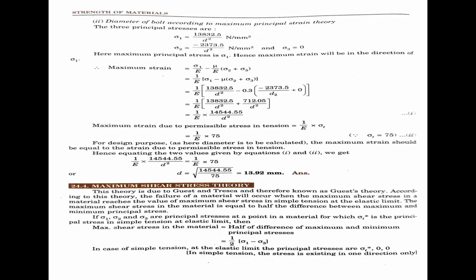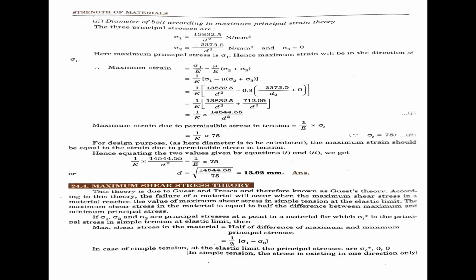Here, the maximum principal stress is sigma 1. Hence, using equation 24.1b, we get sigma 1 equal to sigma t. Substituting the value for sigma t, we get d, the diameter of the bolt, as 13.6 mm.